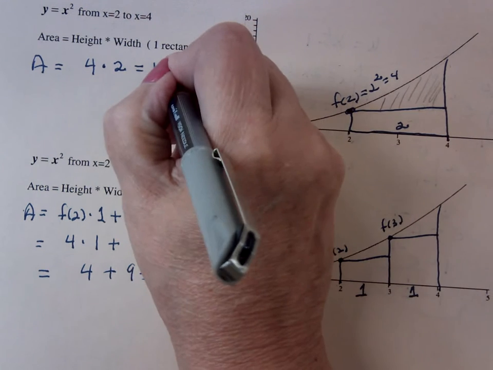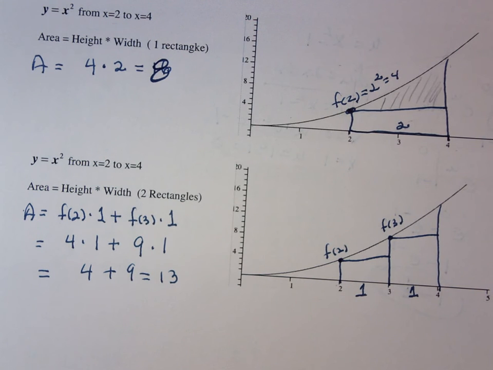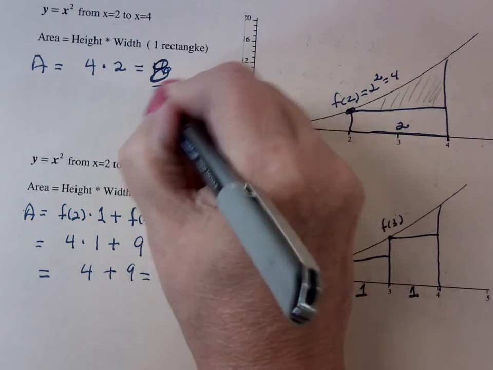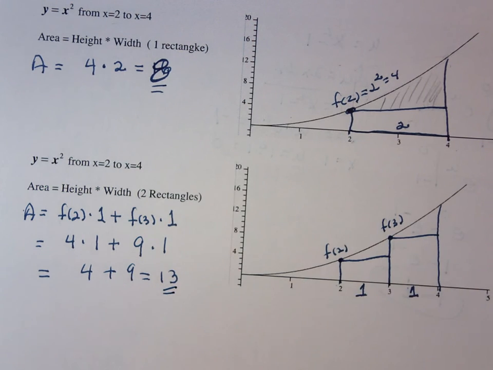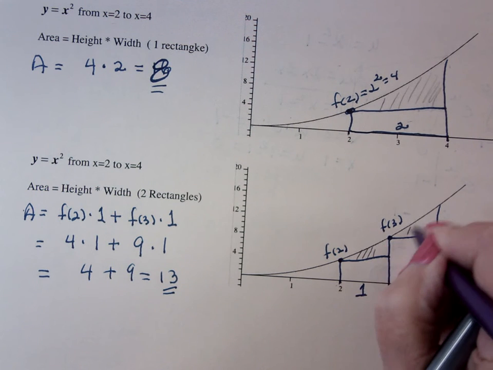It's not 8. This is what is wrong. This is 8, not 16. Sorry about that. So that's 8 units. So it got bigger. So it was 8 before, and now I got a better estimate. It's 13, but I still have error. And that's my error.